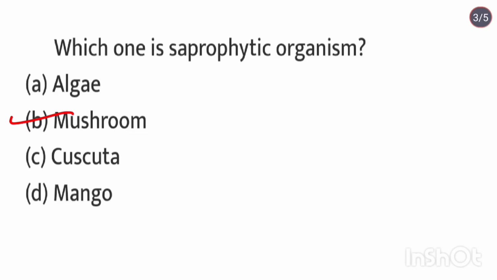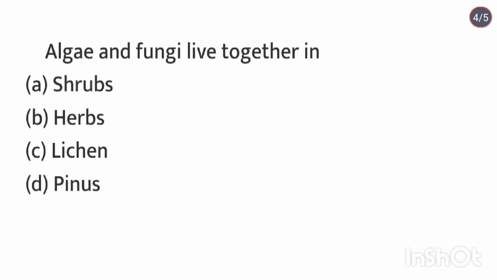Mushroom. Saprophytes feed on dead and decaying organisms. Algae and fungi live together in lichen. Lichens are not a single organism, but they are formed due to an association between the algae and fungi.